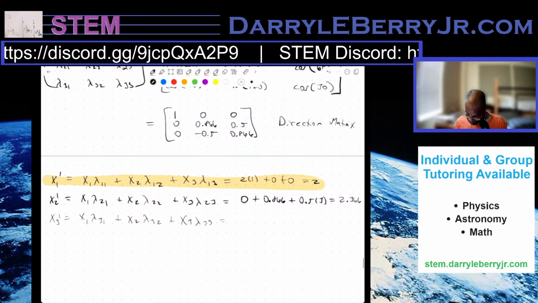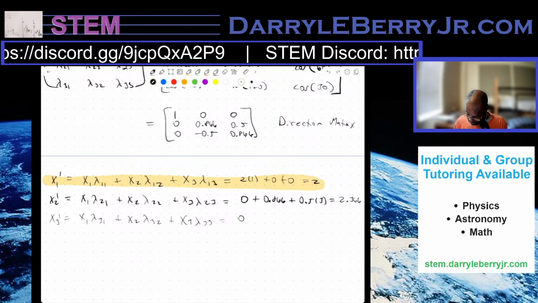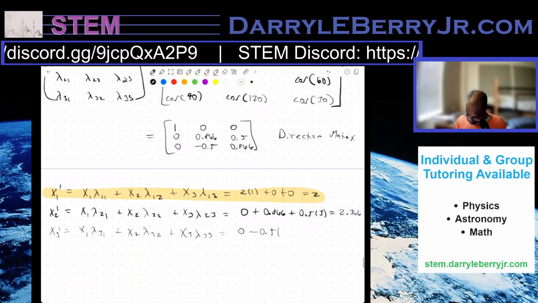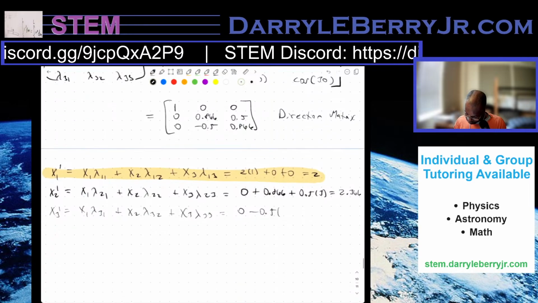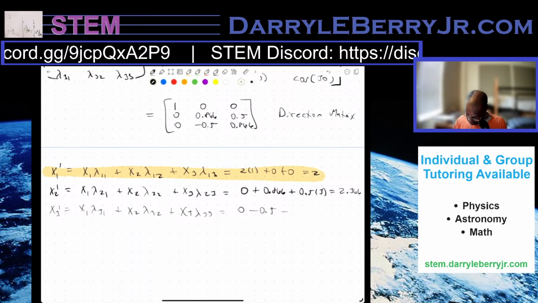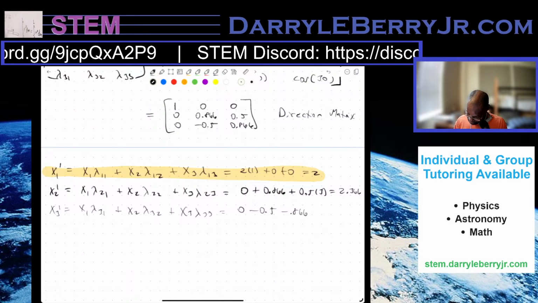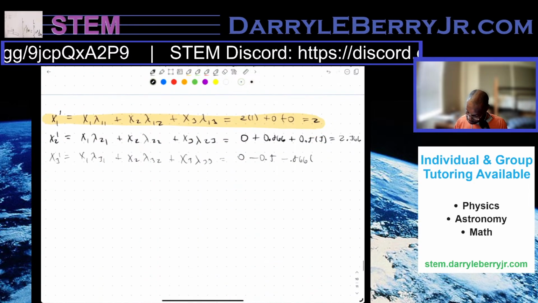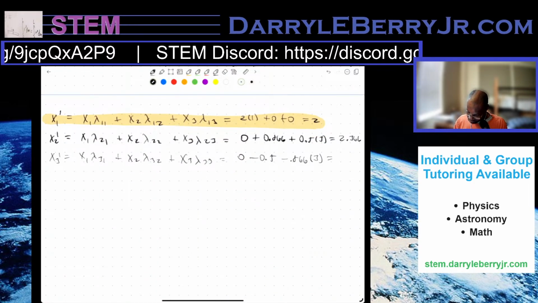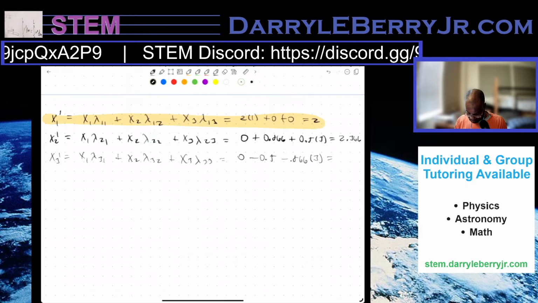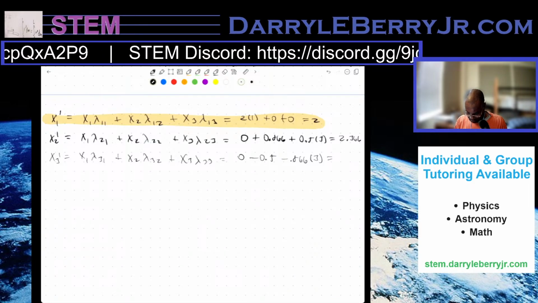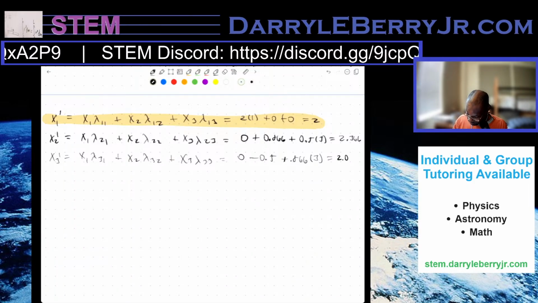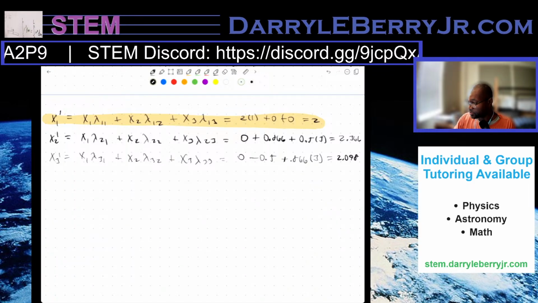So that equals 0 plus negative 0.5 plus 0.866 times 3, equals 2.098, which matches the book number.